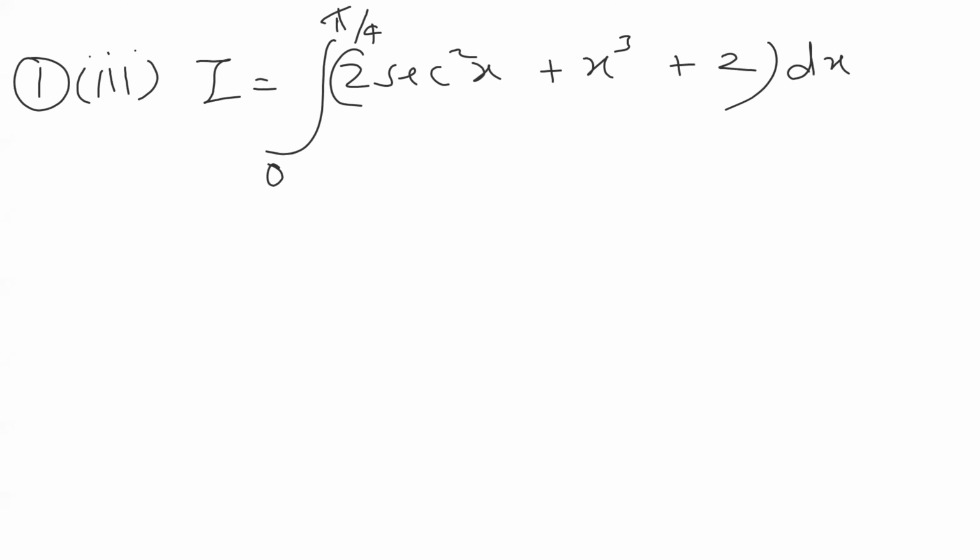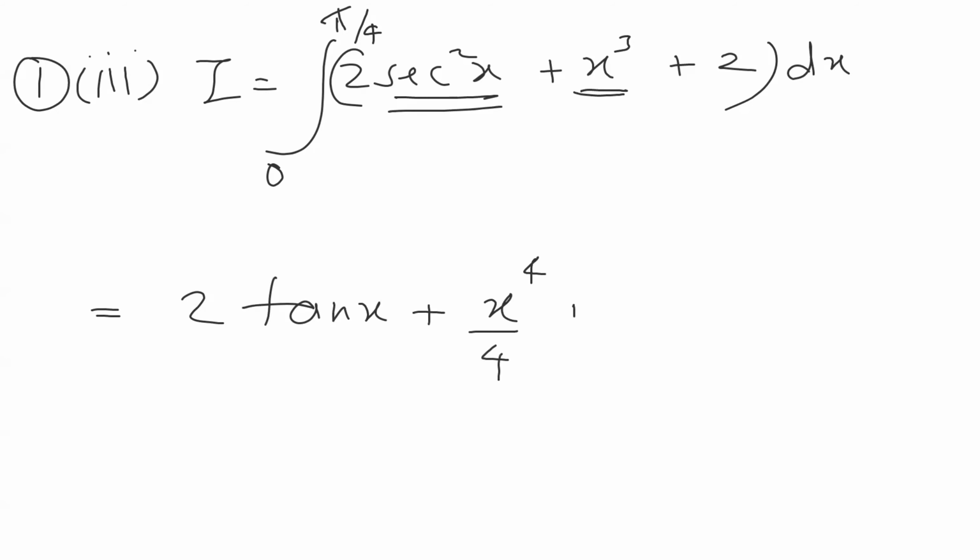So this is individual integration. 2 is a constant. Integration of sec square x is tan x. X cube is x raised to n, so x raised to 3 plus 1 upon 3 plus 1, that is x raised to 4 by 4. Plus integration of 2: 2 comes outside, that is integration of 1, and integration of 1 is x. So the integration of 2 will be 2x.